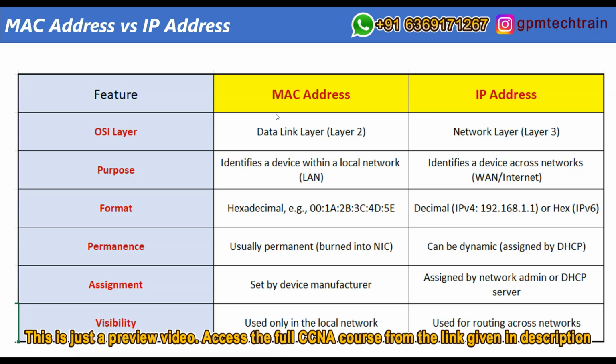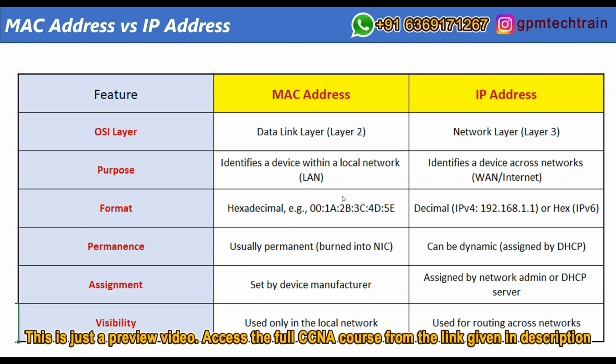Just for the differences in this video: when it comes to the OSI layers, MAC comes in the data link layer, or layer 2, and IP address works at layer 3, the network layer in the OSI model. A MAC address identifies a device within the local network, whereas an IP address is used to route traffic between different networks, generally in WAN and the internet.